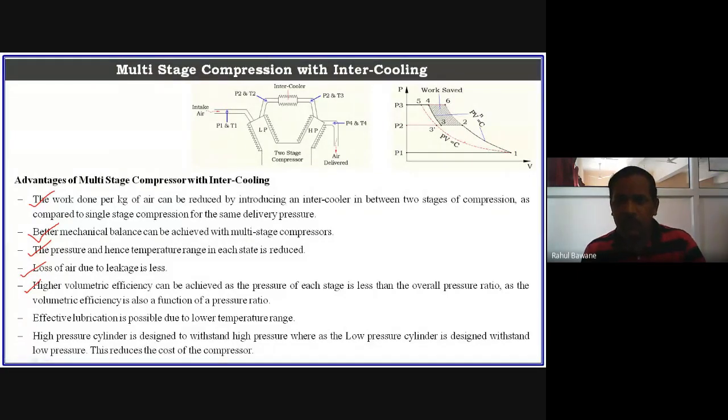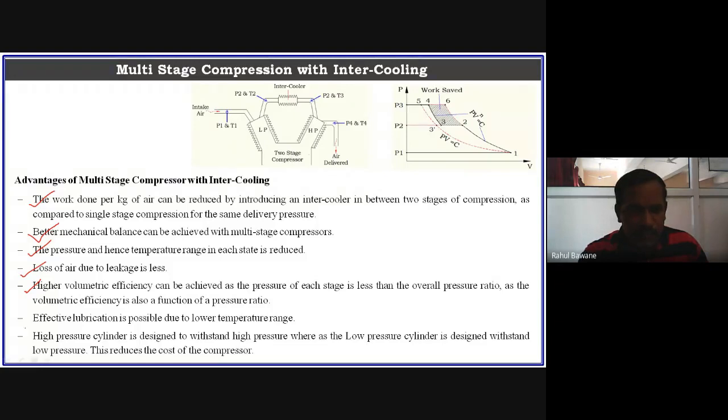If we don't provide an intercooler, the second stage intake will be in expanded form because of high temperature, and that expanded form of compressed air will reduce the volumetric efficiency of the second stage compressor. So we reduce the temperature, so the volume will reduce, and the mass density will be high in the second stage also, so definitely you get a higher volumetric efficiency.